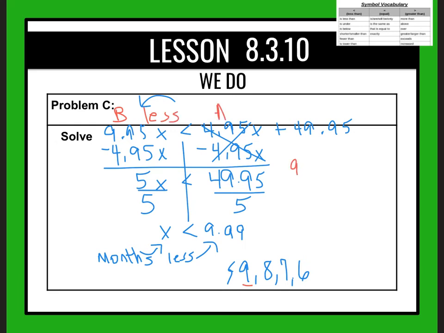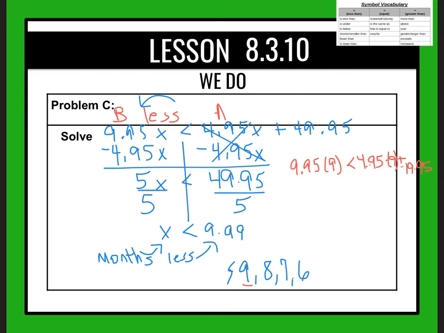With my calculator, I can take $9.95 and multiply it by 9 months to see if that's going to be less than host site A at $4.95 times the 9 months plus that $49.95. So we would have to check that.